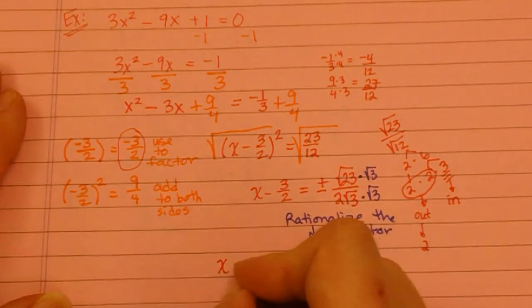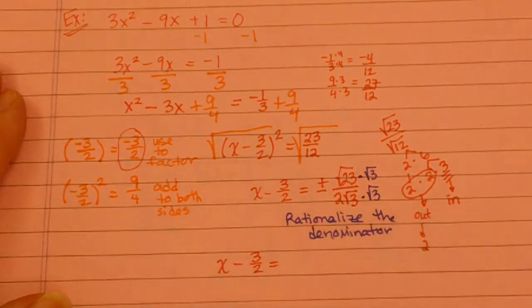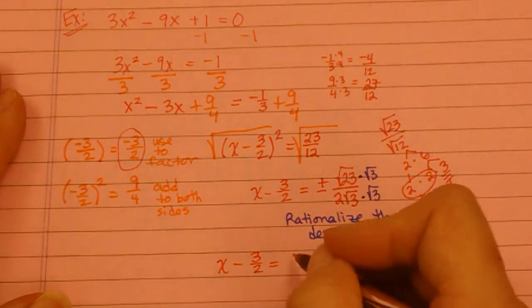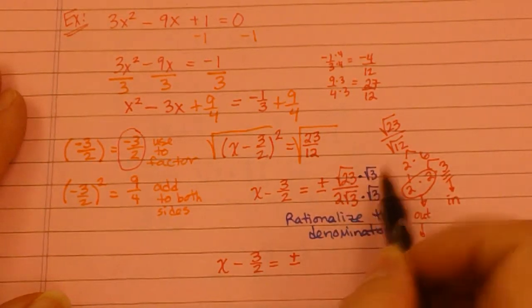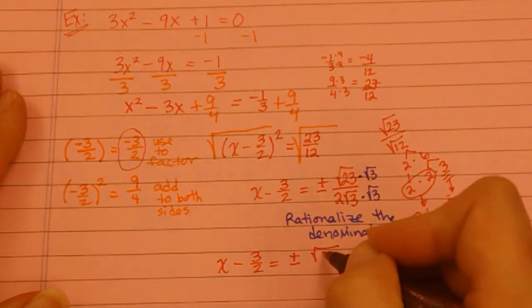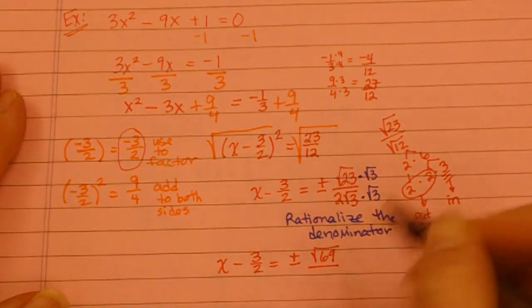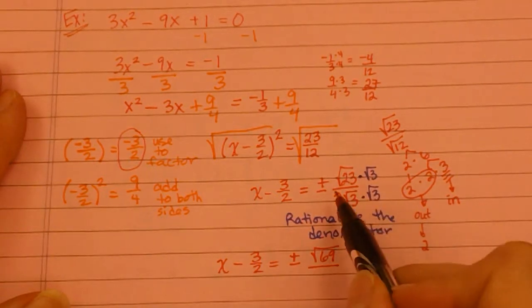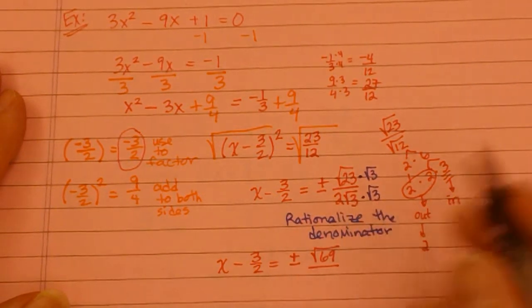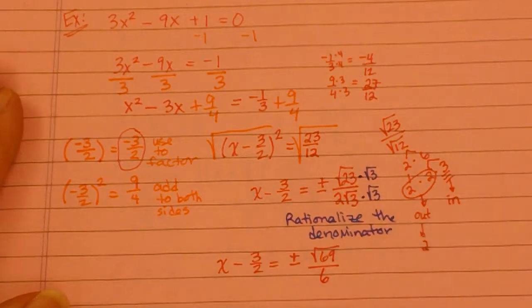So now I have x minus 3 halves equals plus or minus the square root of 23 times the square root of 3, which is the square root of 69, over 2 times the square root of 3 times the square root of 3, which will be 2 times regular 3, or 6.